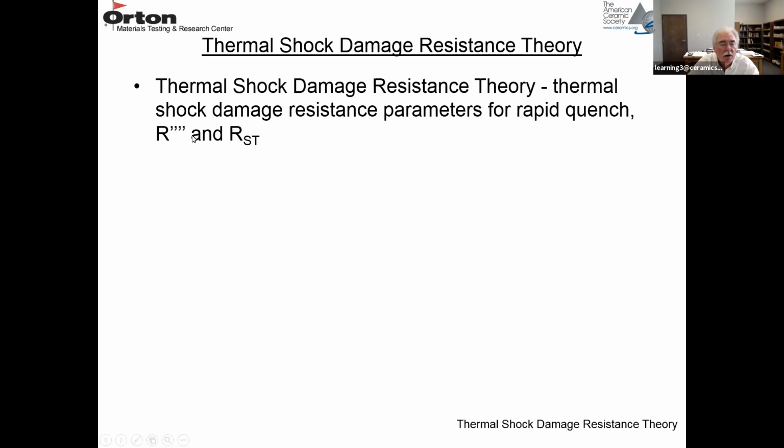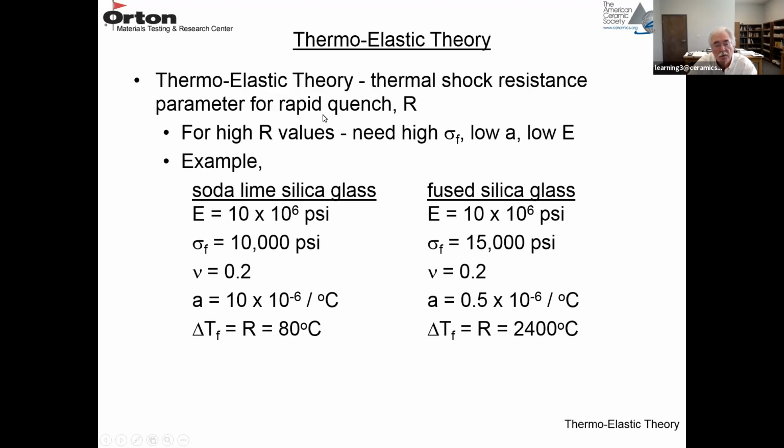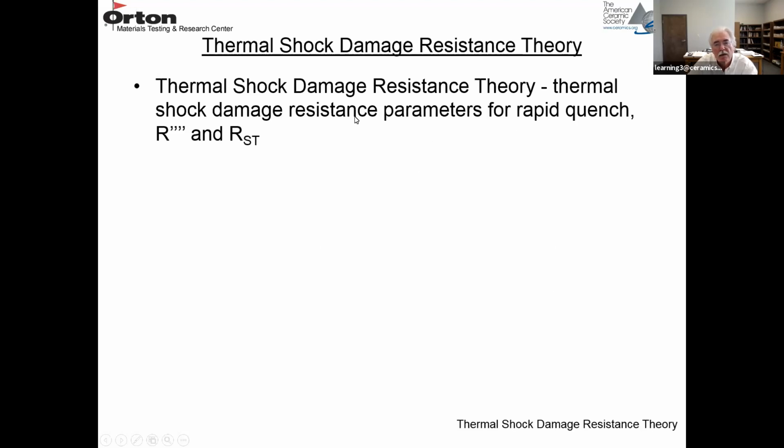We'll look at R'''' and R_ST, and they both apply again to a rapid quench condition. In the previous case, for thermoelastic theory, we're looking at rapid quench, the worst type of thermal shock. And in this theory, we're also looking at a rapid quench condition. So we're just considering how you design a material under the worst conditions. So R'''' and R_ST are appropriate here.